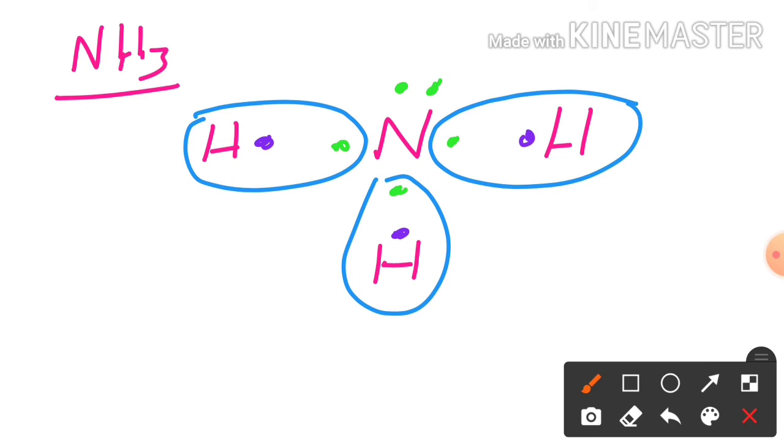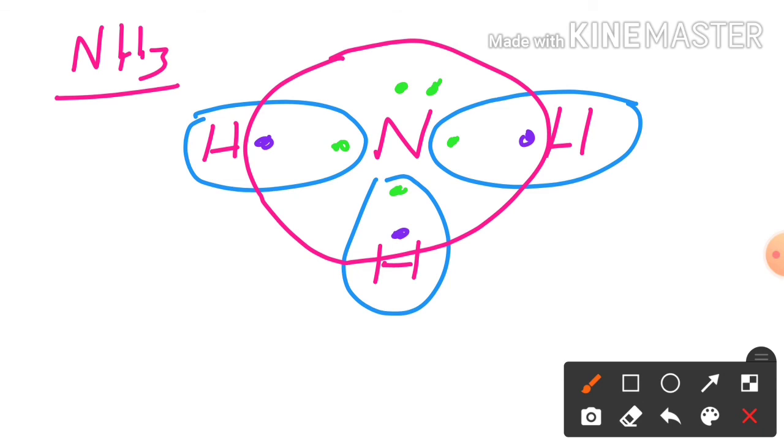And how does the nitrogen complete its octet? The sharing rule: nitrogen has given 3 electrons for sharing, so nitrogen in turn will take 3 electrons from 3 hydrogens for sharing. This way. And if you count the total number of electrons in the nitrogen circle, you will get 8.